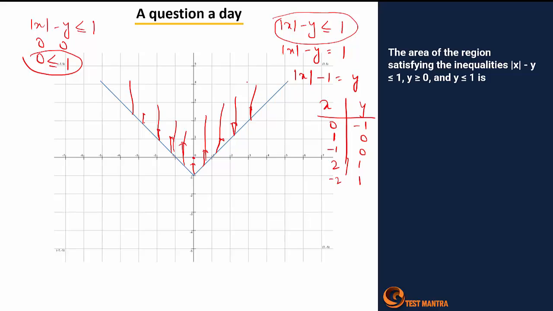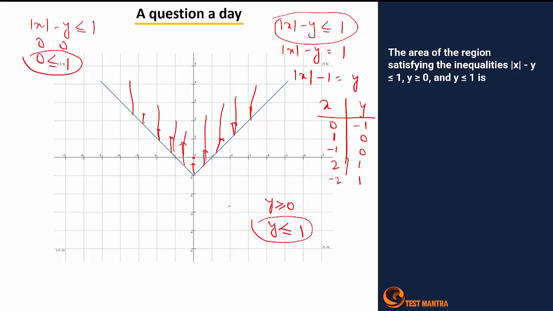The other condition is that the value of y should be greater than or equal to 0 and y should be less than or equal to 1. If y is less than or equal to 1, let's talk about this.